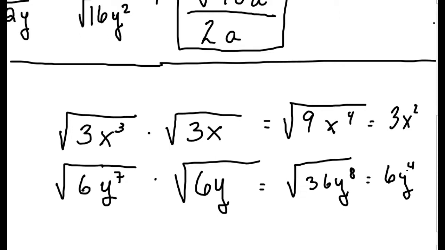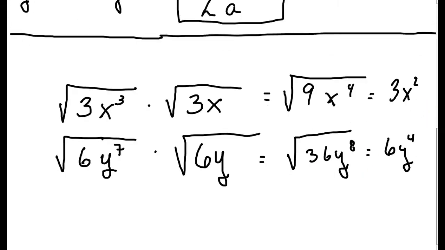So now, Kasia, is that starting to make sense? No. Okay. So do you understand the concept of what we're trying to do? Not really. Okay, so you know things that are perfect squares.